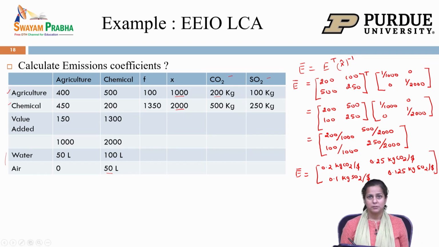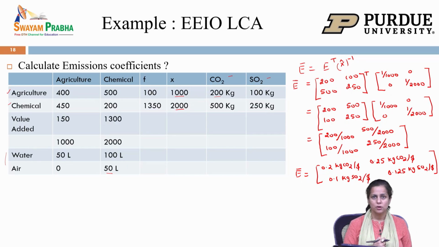So now we have our emissions coefficient, which tells us the total amount of emissions that these sectors will generate per dollar output from those sectors.